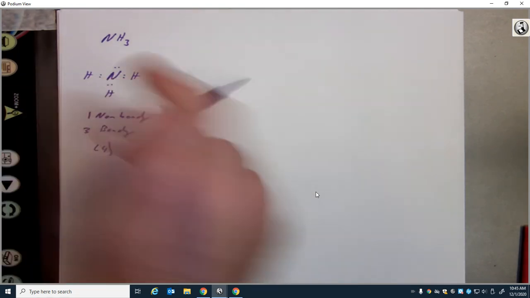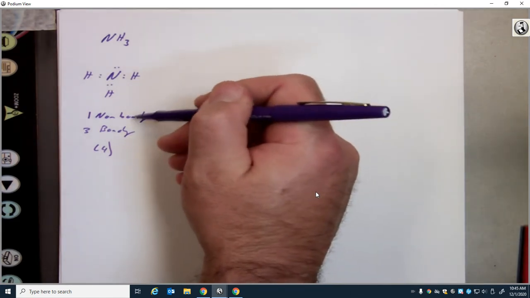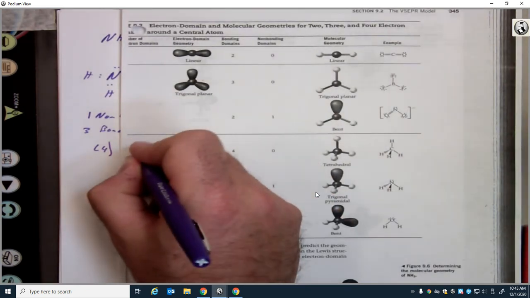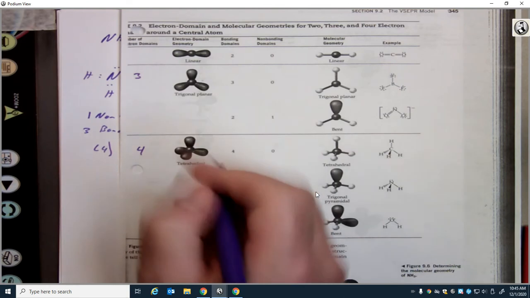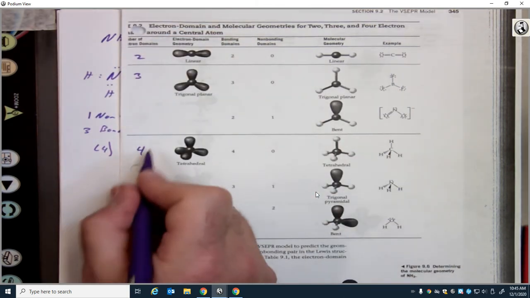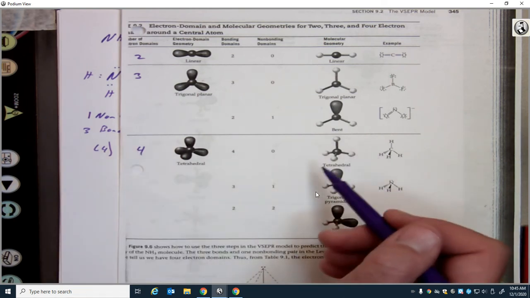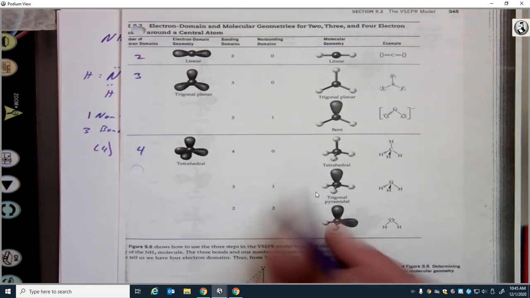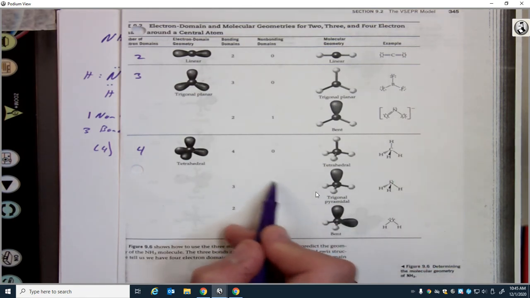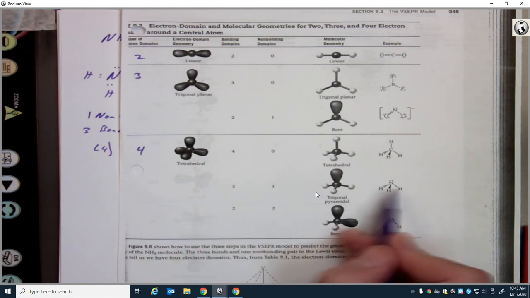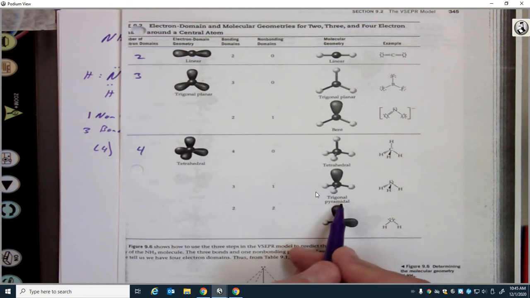No matter if we come up with 1 non-bonding and 3 bonding, it will always take the same shape. So we come over here and find the total of 4, and then look for our corresponding numbers. Here we have 1 non-bonding and 3 bonding, and here's our example. So this would be a trigonal pyramidal shape.